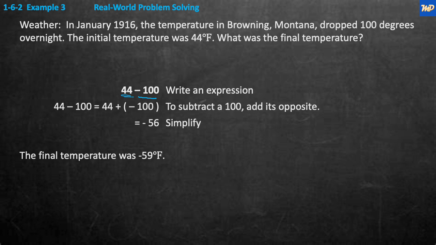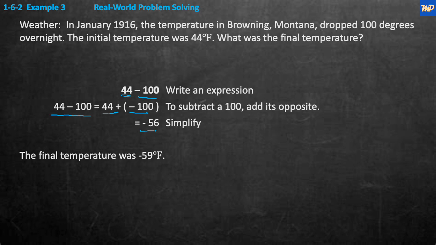So this is writing the expression. Let's look at this. It's 44 minus 100, and that is equal to 44 plus a negative 100. To subtract 100, you add its opposite. The answer ends up being negative 56. If you remember the zero pairs, we've got 100 negatives and 44 positives.